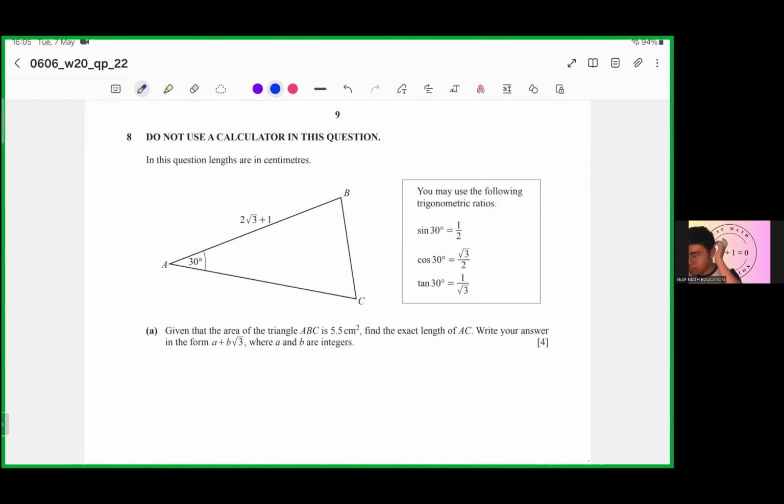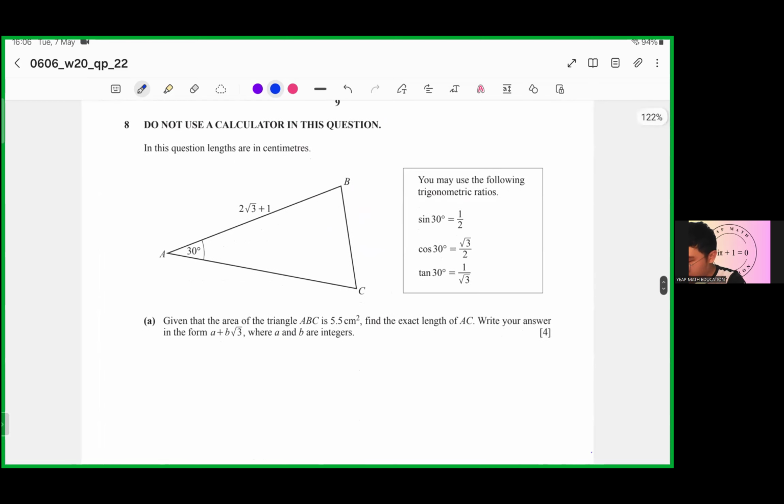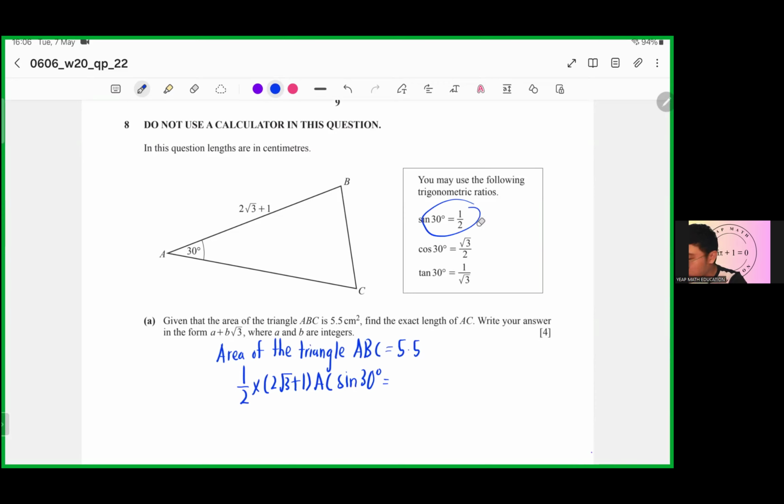Now we write the area of triangle ABC equals 5.5, and then we can write 1/2 times 2 root 3 plus 1, then AC, then sine 30. The sine 30 information is already given because in this question you cannot use a calculator.